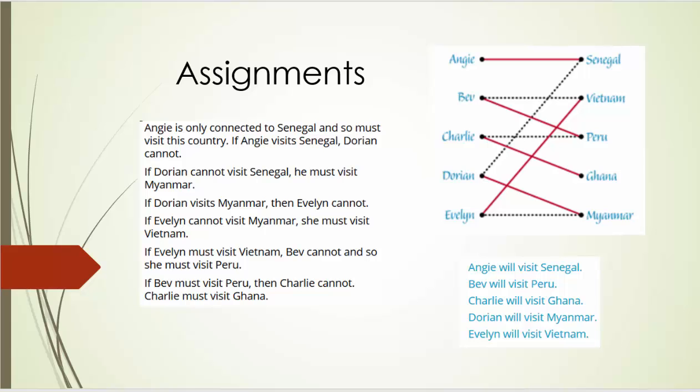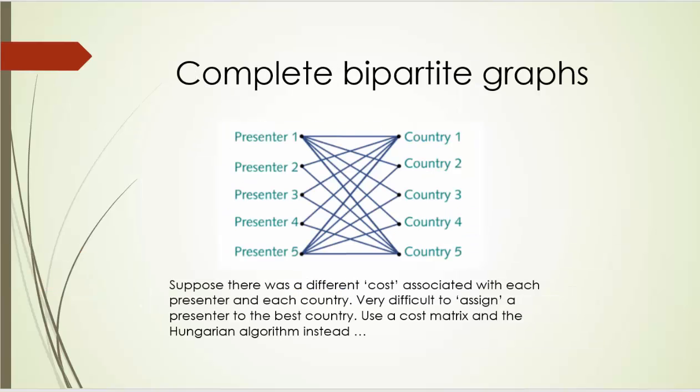So that's assignments. Supposing you had a situation where you had what you might call a complete bipartite graph. Every presenter has been to every country. Well, then how do you decide who's going to go where? What you do is you decide on the basis of the different costs. Presenter 1 might cost a lot less going to country 1 than presenter 4 for some reason.